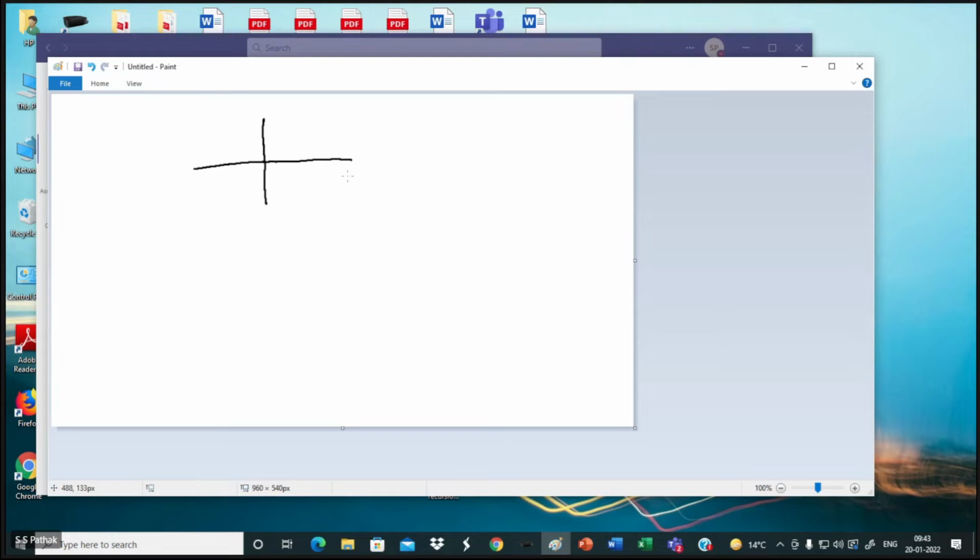This is my magnetic field intensity, magnetic intensity, okay, and then here is the magnetic flux. This is your flux. And this is your intensity.